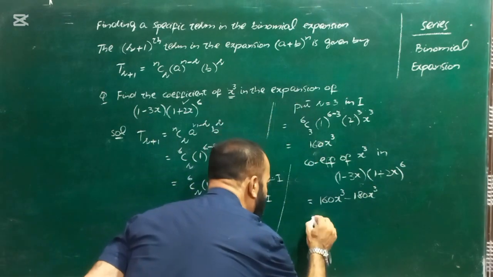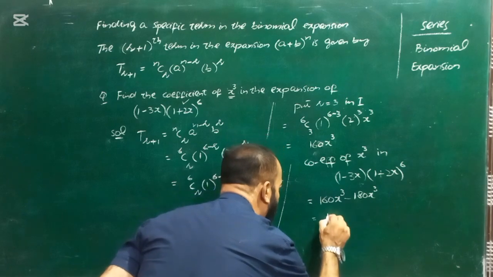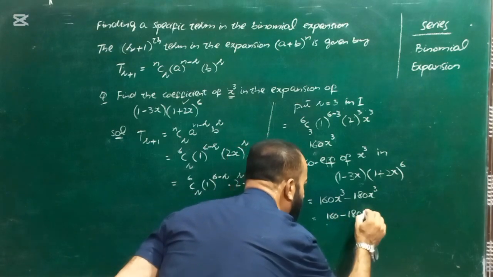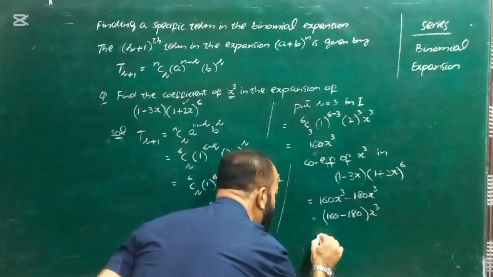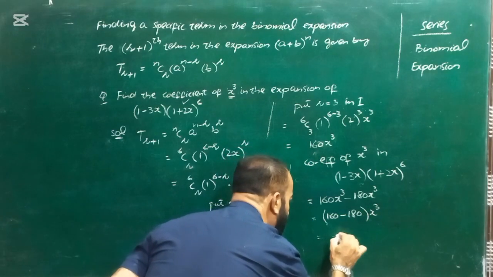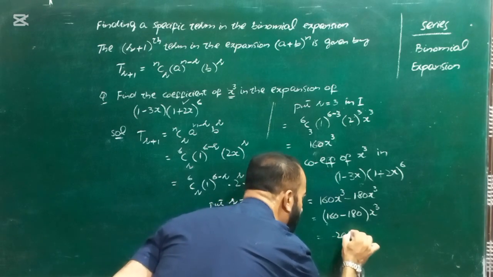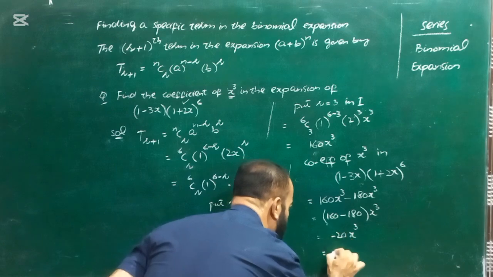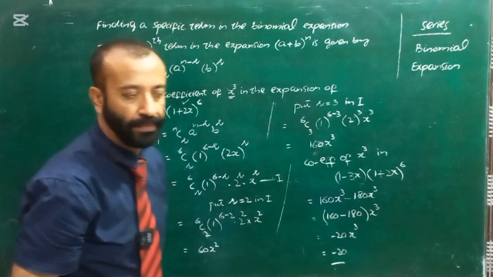So from here x³ will be taken as common. So 160 minus 180 x³, and that is minus 20x³, and so the coefficient is minus 20. So this is the answer.